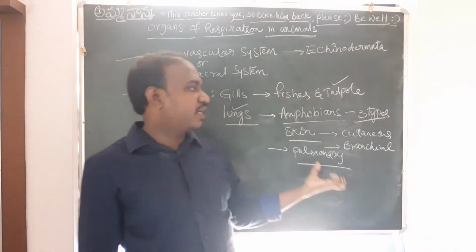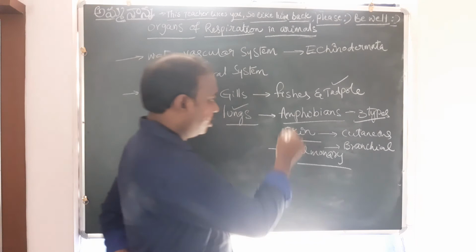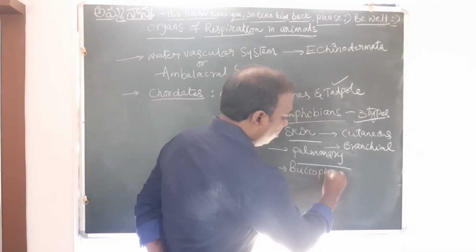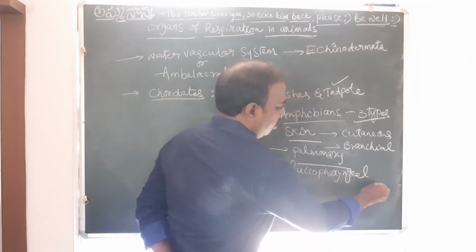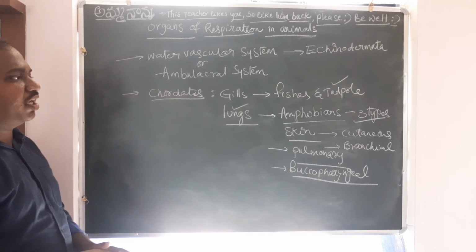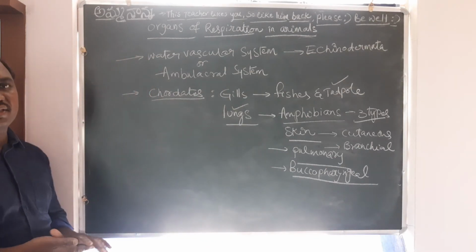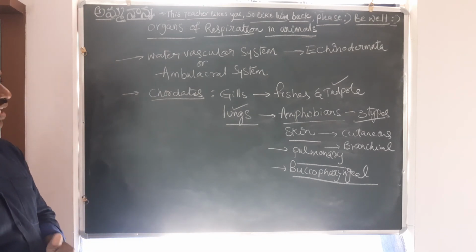So those are the three primary kinds, and there is something called buccopharyngeal respiration as well in the amphibians. Buccopharyngeal respiration is also seen, because here the oral cavity and the pharynx together play a role in the exchange of gases.